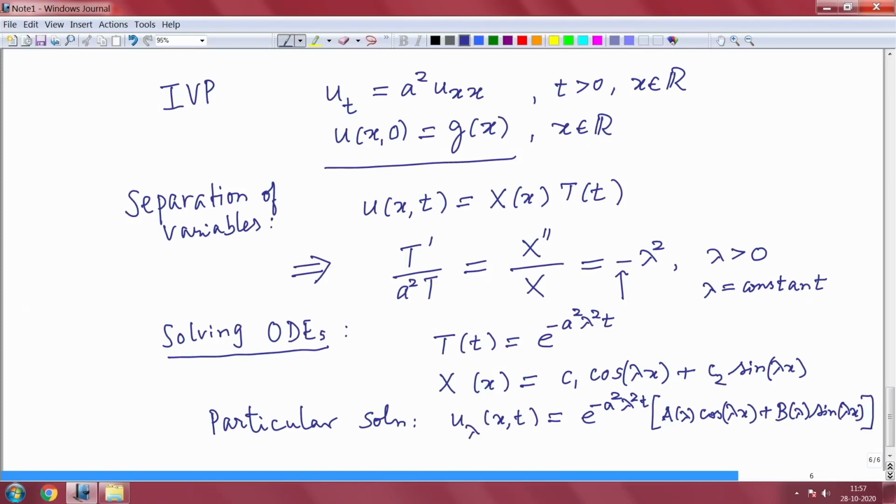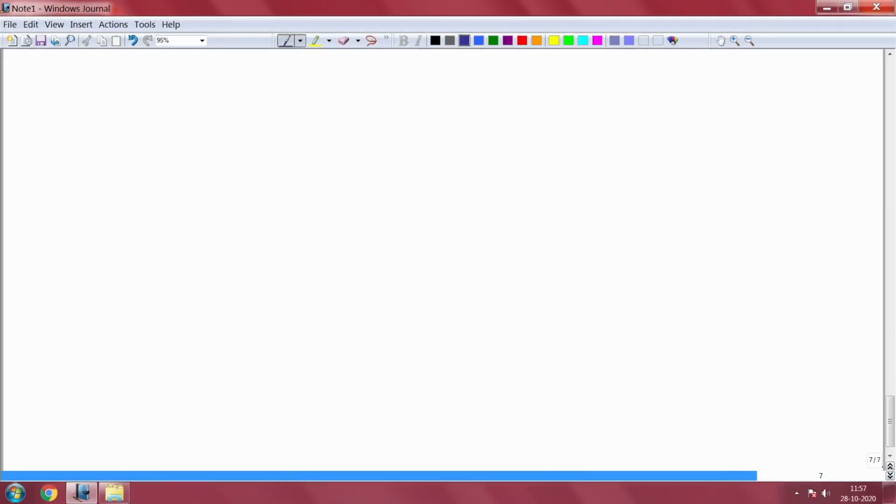And then using the linear superposition principle, since the equation is linear and we have obtained a particular solution for each positive lambda, we can sum it. But since lambda is a continuous variable here, we have to replace the summation by an integral.